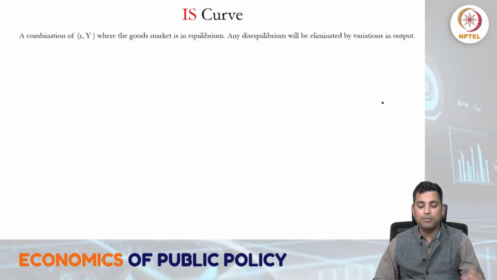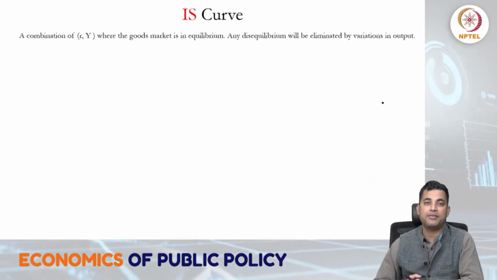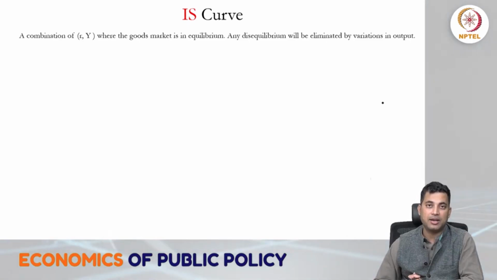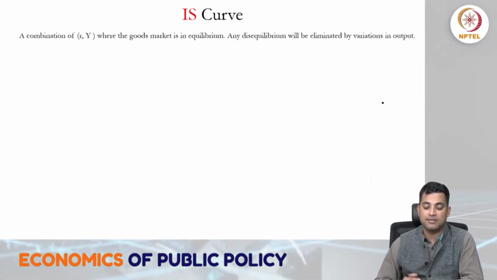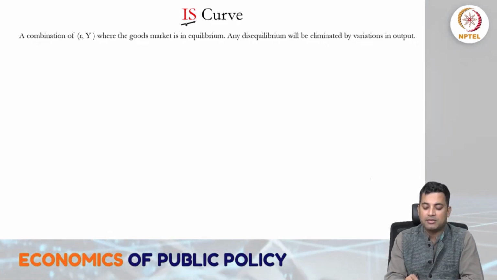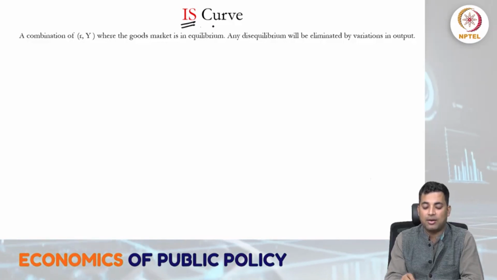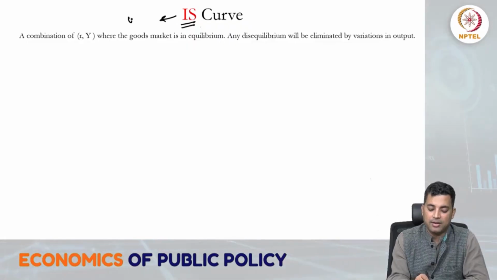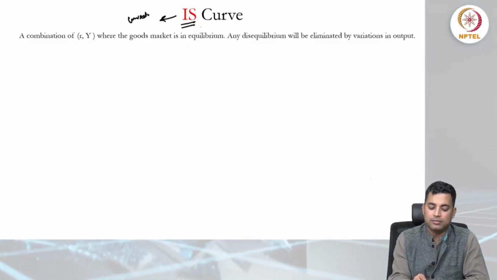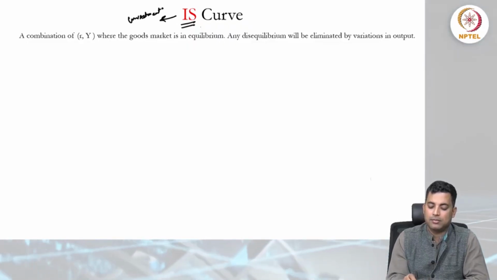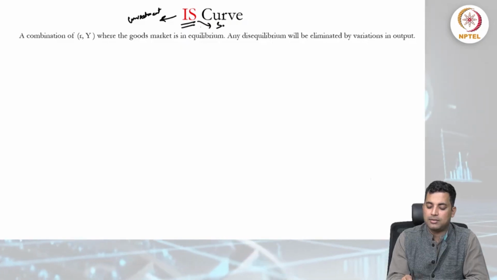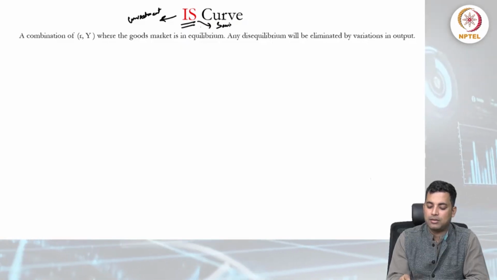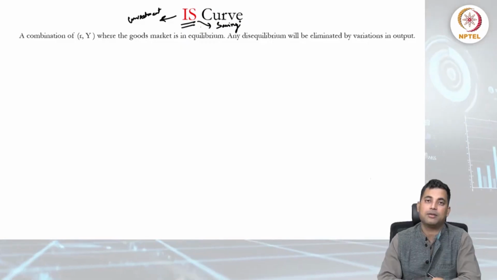So now moving forward, how can we graphically visualize the investment and savings curve? Here I is investment and S is saving.